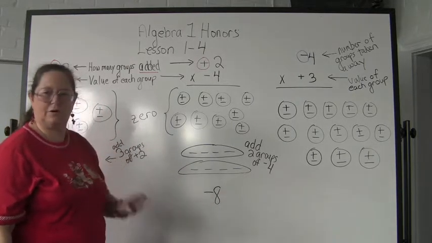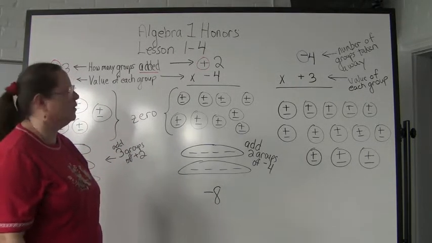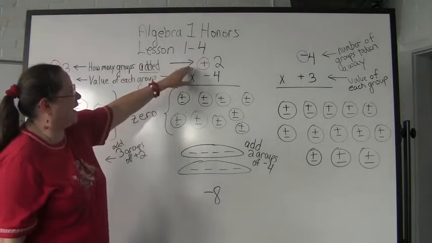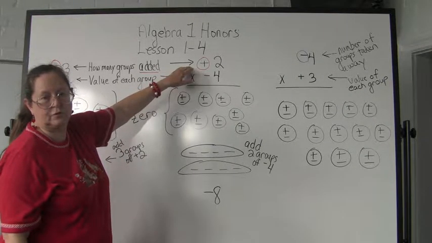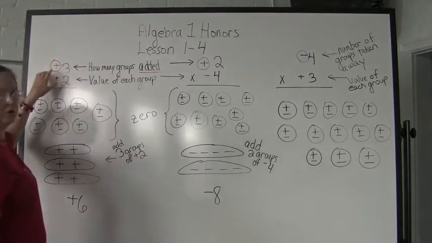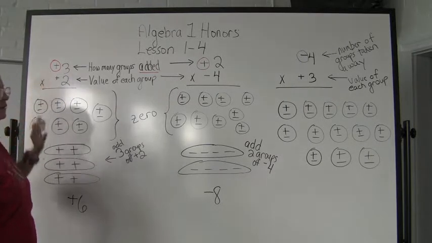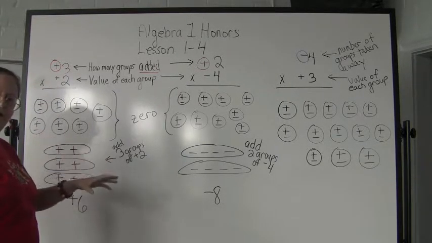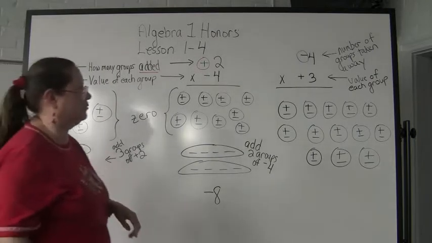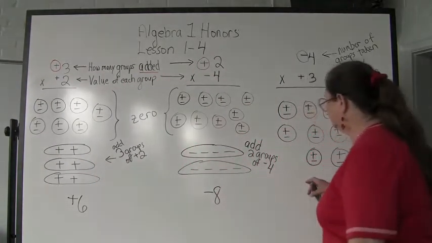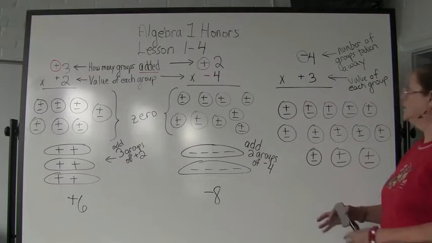Now, it gets a little more interesting when you move into, instead of adding 2 groups or adding 3 groups of something, you actually start taking away groups. And that's what we're going to look at right here.